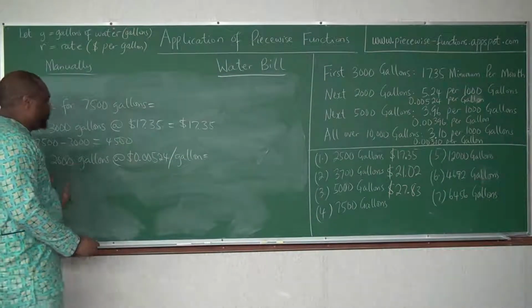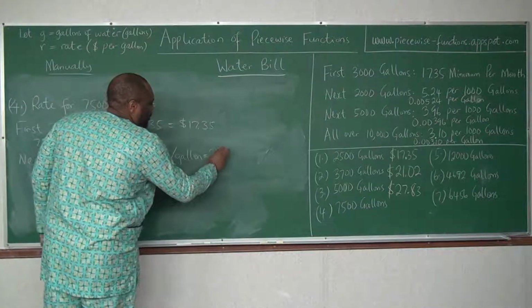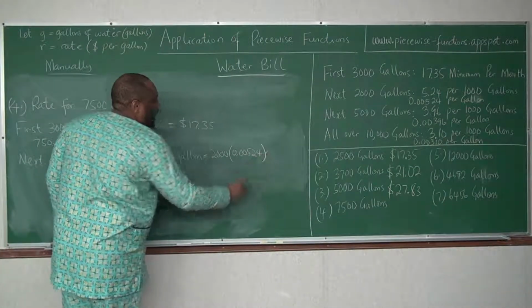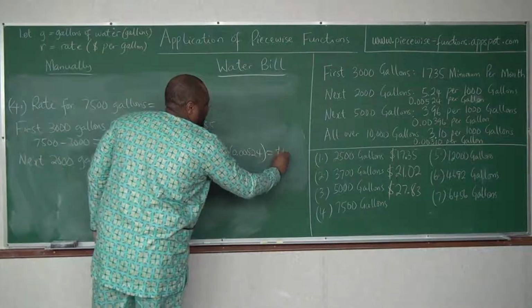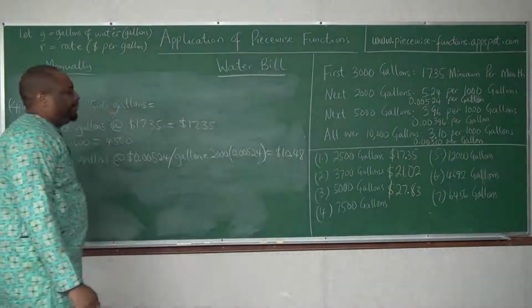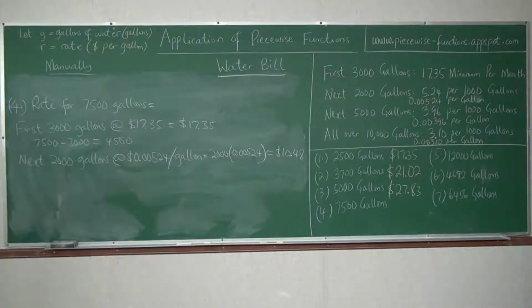That will give us 2,000 times 0.00524, and that is $10.48. We just did that, right? $10.48. So we still have some gallons remaining.